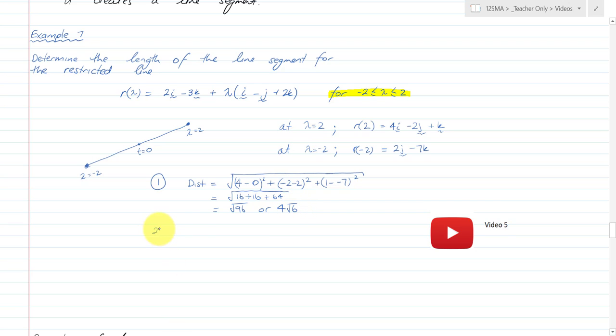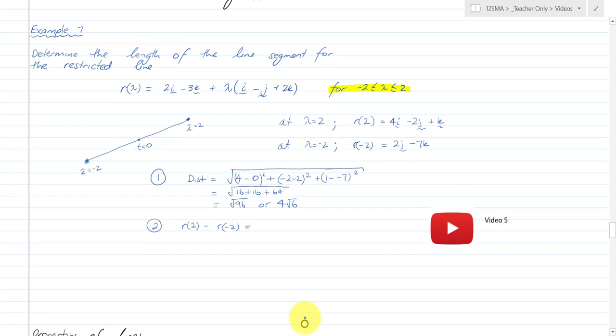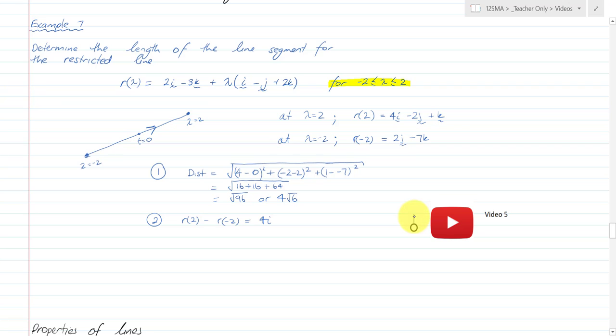The other option is to determine the distance based on R2 minus R negative 2 first, and that's equal to 4i, defining this as a vector in that direction. Then -2j minus 2j is minus 4j, and k minus negative 7k is plus 8k.